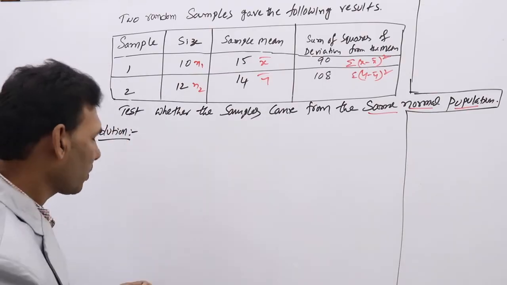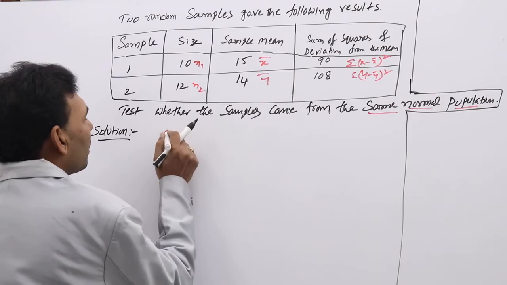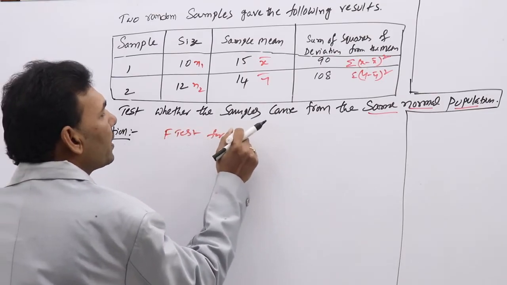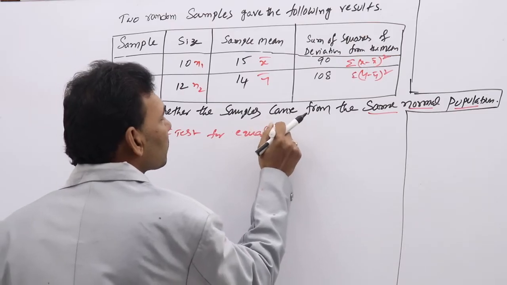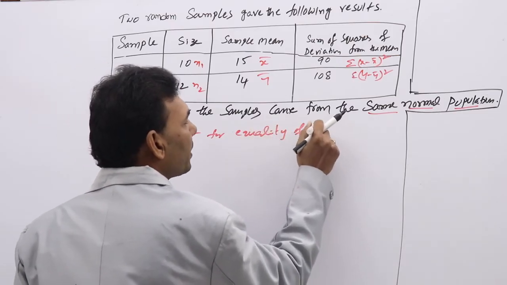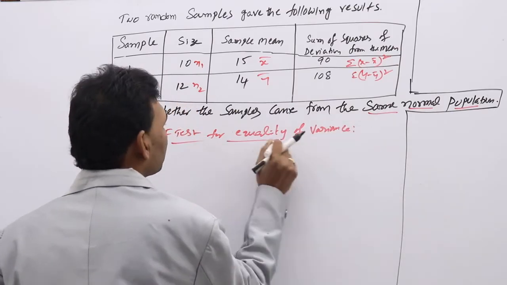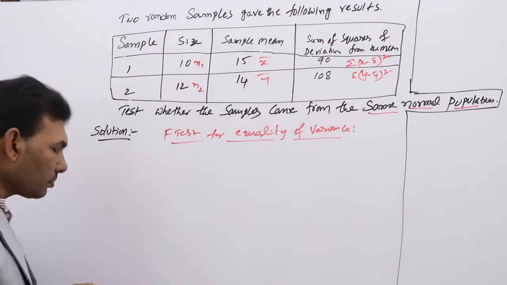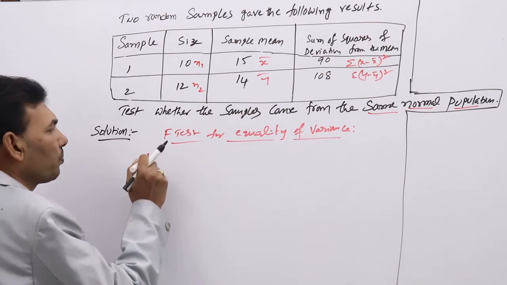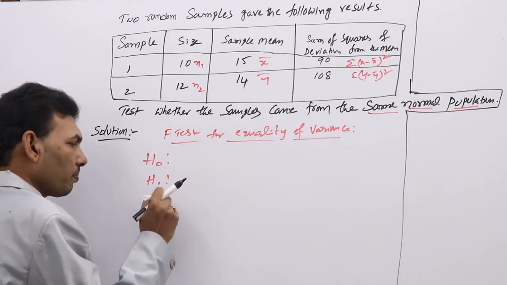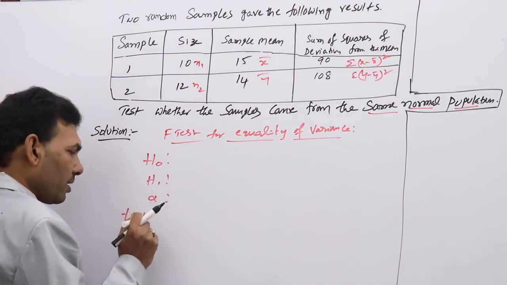So first, we are going to do the F test for equality of variance. In any test, these steps are common: H0, H1, alpha, test statistic.